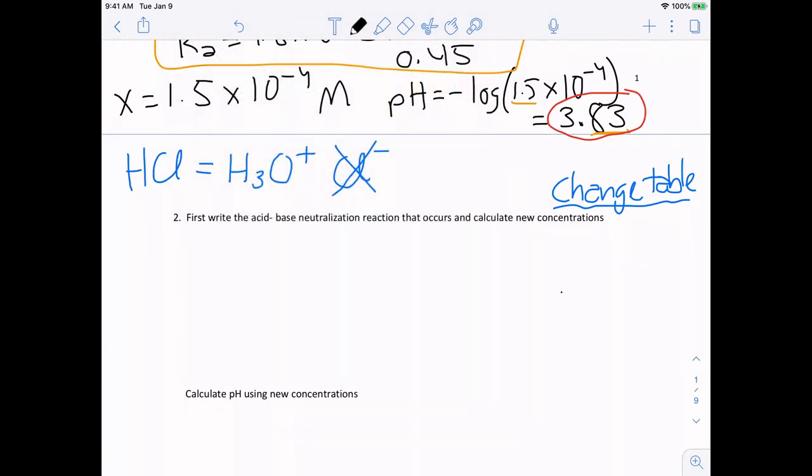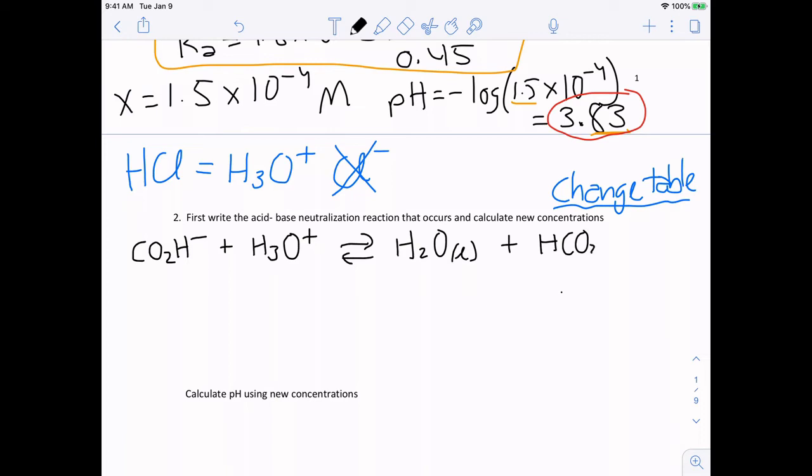I have my formate. So that's the base component of my buffer. It's going to react with my acid that we're adding. So this is my hydrochloric acid. Our neutralization is going to result in a water molecule plus formic acid.